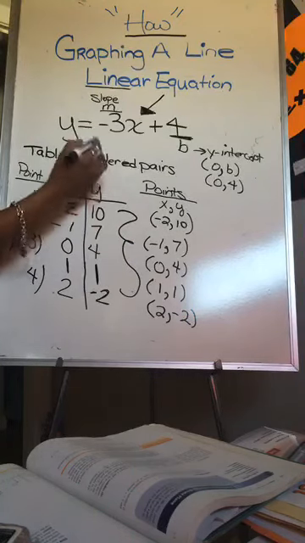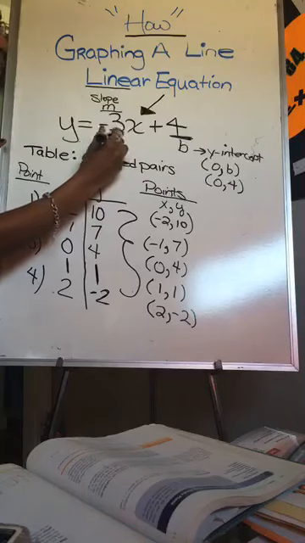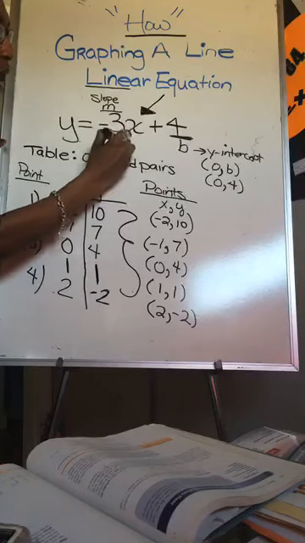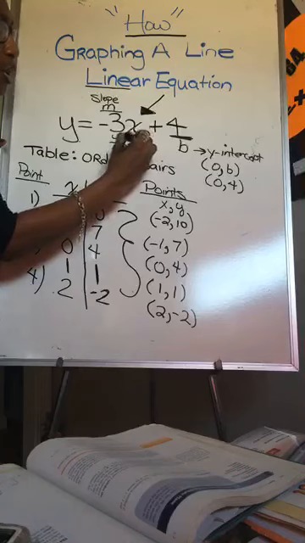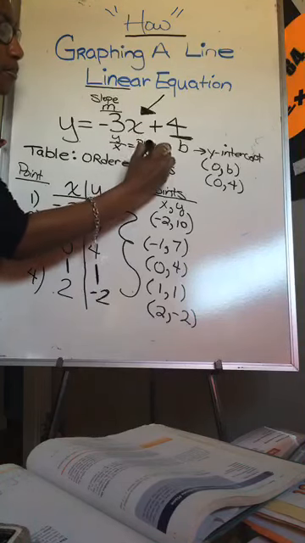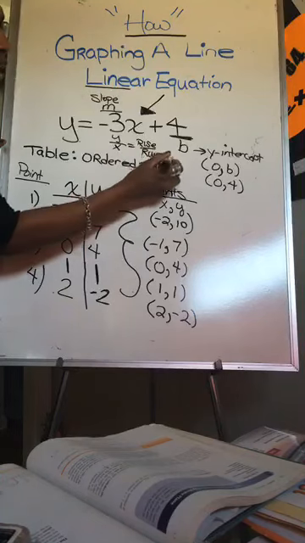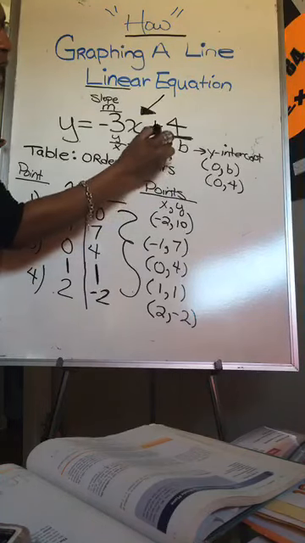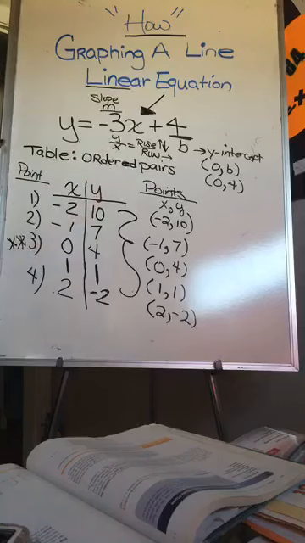And remember, your slope tells you how many places you rise. You go your y over your x, and it tells you your rise over your run. Okay? You run over x, and either you rise or you fall on the y-axis.